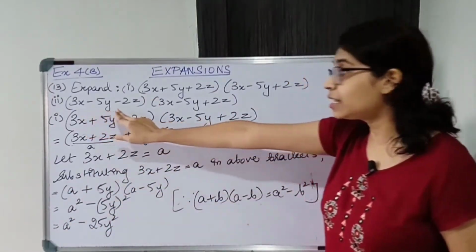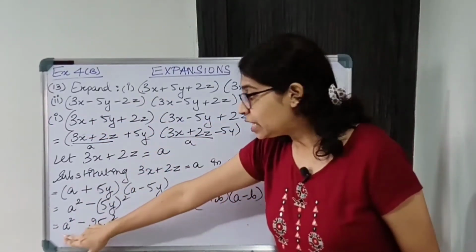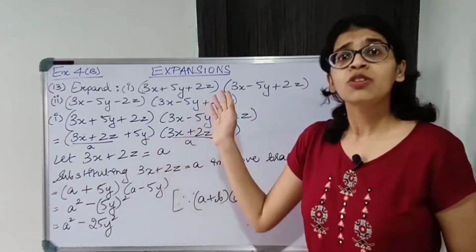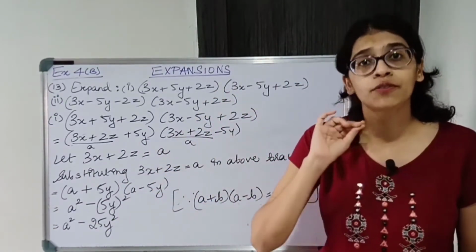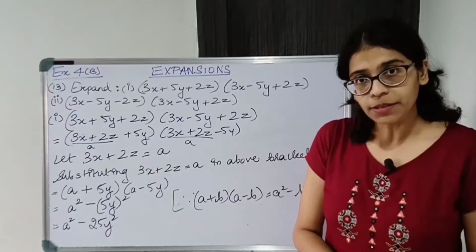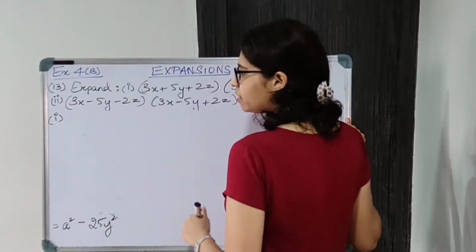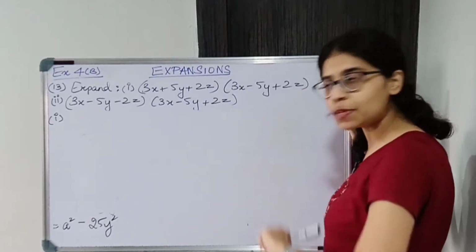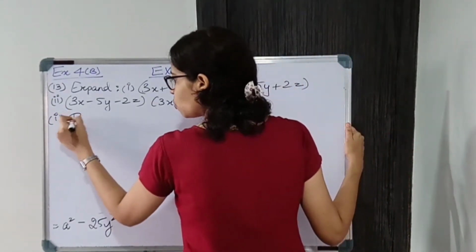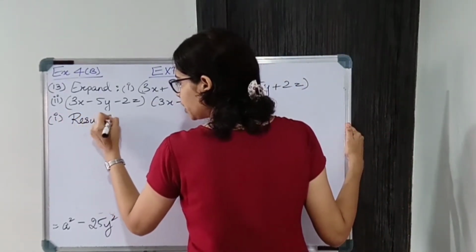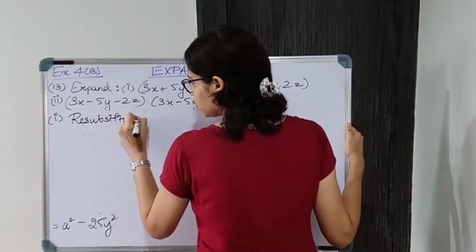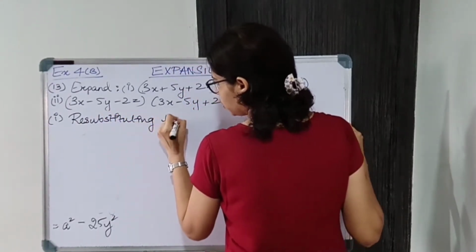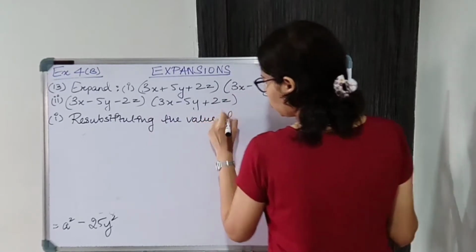In original form there is 3x, 2z. So we need to substitute that. So we'll resubstitute the value of a over here. Okay, so resubstituting the value of a, a is nothing but 3x plus 2z.